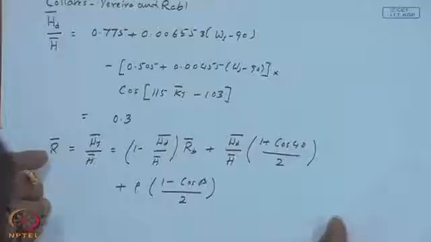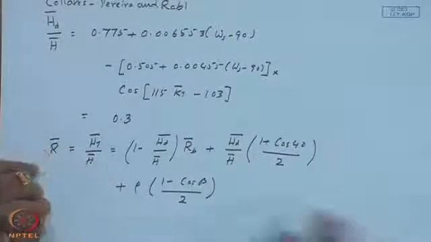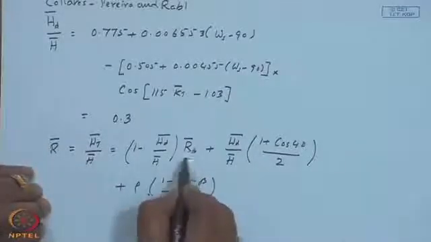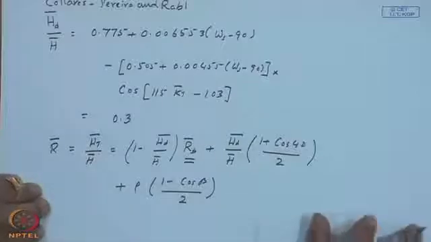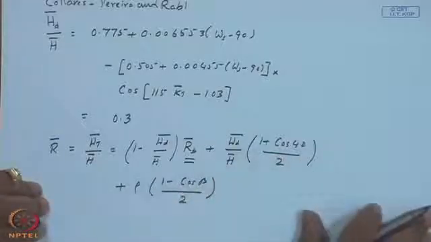This is the tilt factor for the entire radiation. This is the beam component, the direct component, this is the diffuse, and this is the ground reflected.